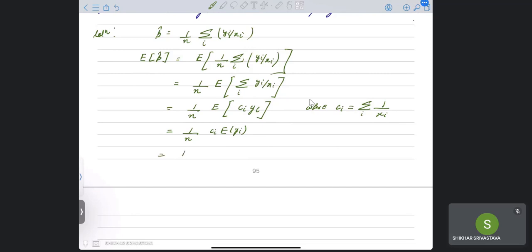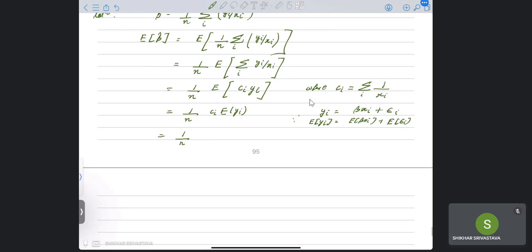And we know that we have a simple model with no beta naught. We have only beta. So the expectation value of yi is what? The expectation value of beta xi plus the expectation value of the error term.